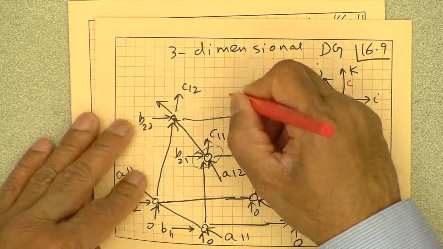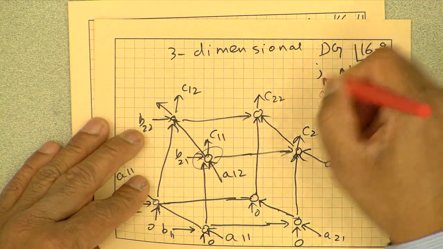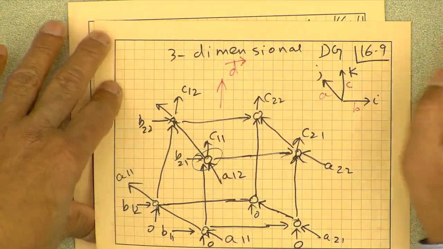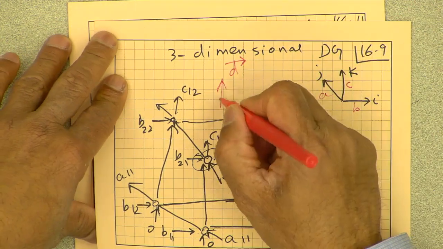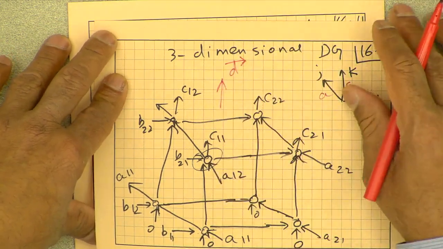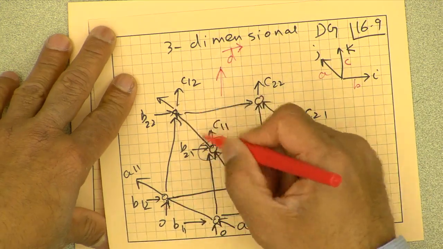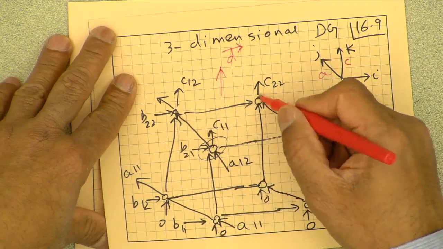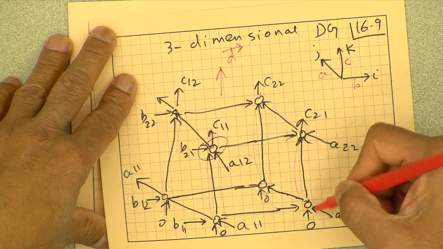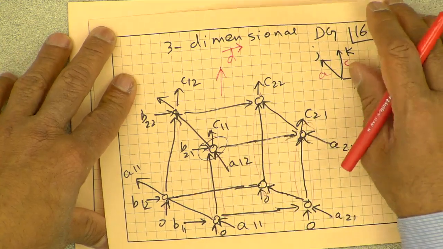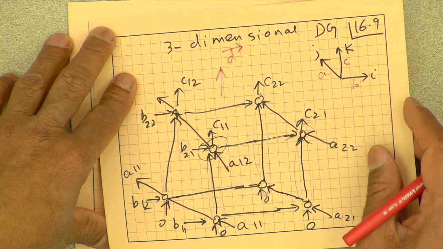That means k is up. So, that is the projection vector D. That means all nodes in vertical directions are mapped to the same PE. So, these are mapped to the same PE, these are mapped to the same PE, and so are these. So, that is how the PEs are mapped in this case.